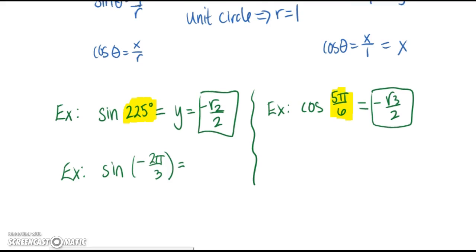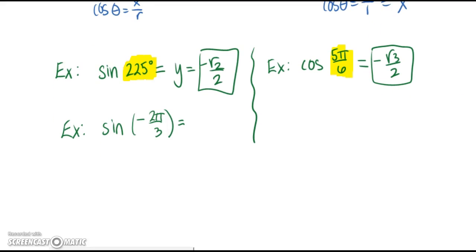So negative 2 pi over 3 has the same terminal ray as any angle coterminal with it. And to find coterminal angles, we can add or subtract 2 pi. And you can use your calculator if you want. That was the previous lesson. Or you can get a common denominator, which I'm doing here, and it's 4 pi over 3.